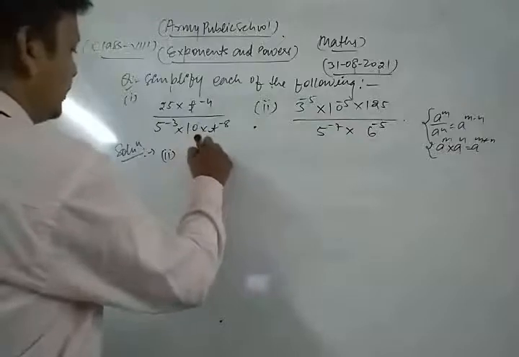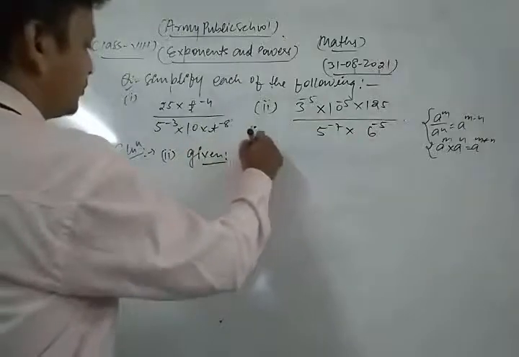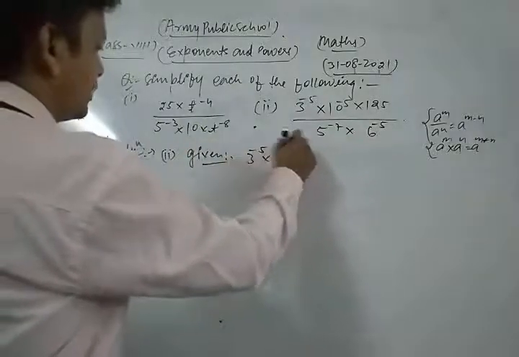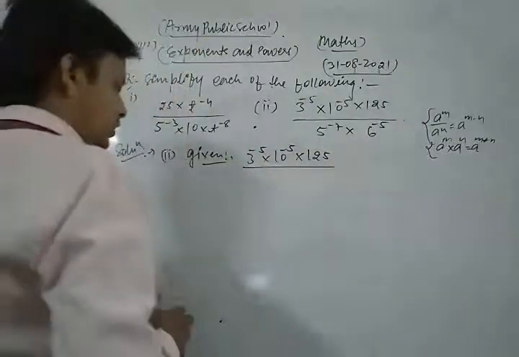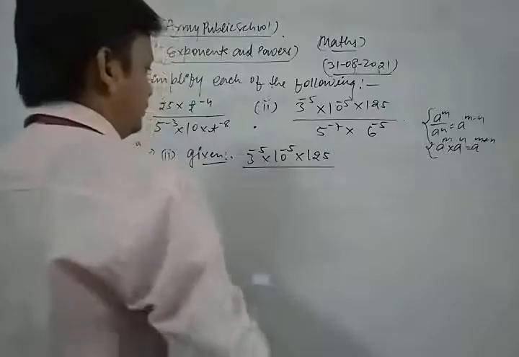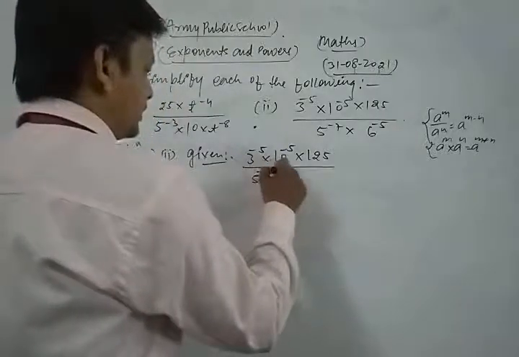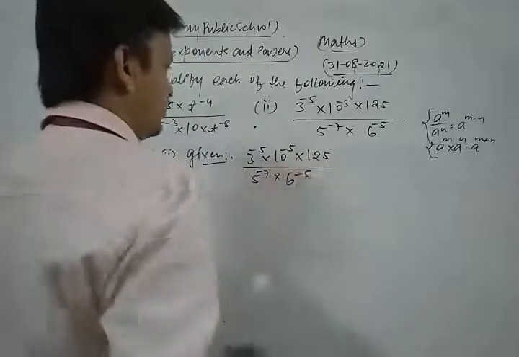First of all, you write the given expression: 3 power minus 5, 10 power minus 5 into 125 upon 5 power minus 7 into 6 power minus 5.